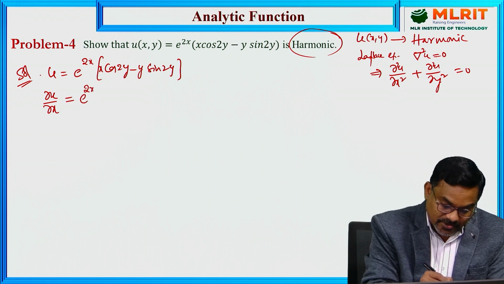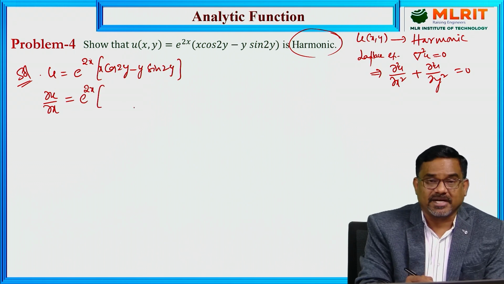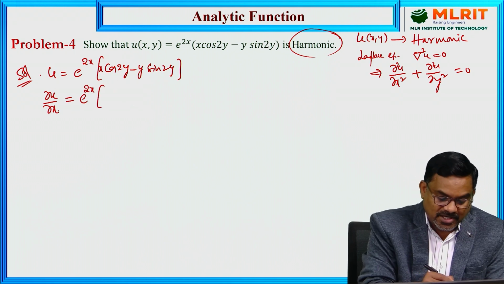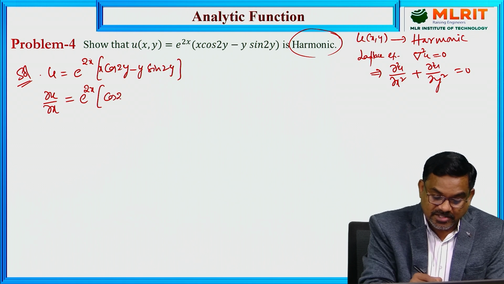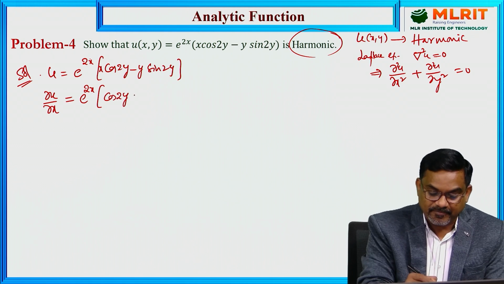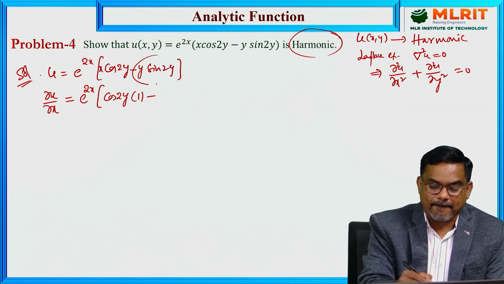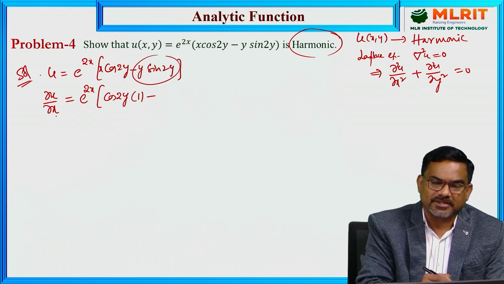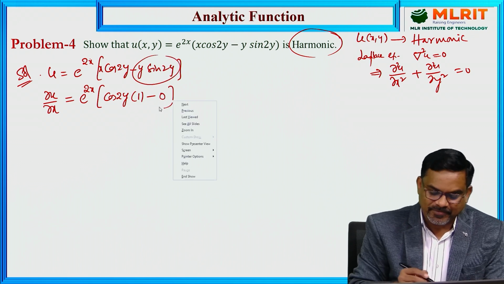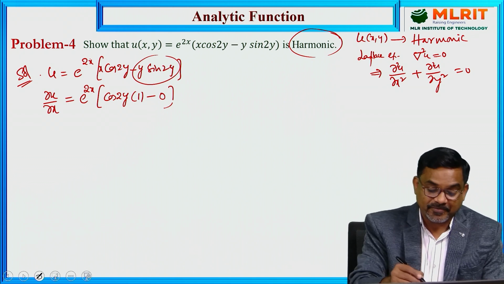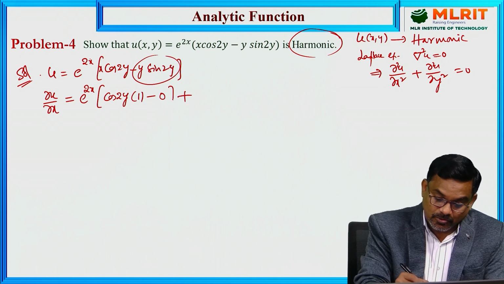First function into derivative of second function with respect to x. So cos 2y is constant, x derivative is 1, minus, it is completely a function of y and we are differentiating with respect to x, so we can put 0, derivative of constant is 0, plus this is u v dash.